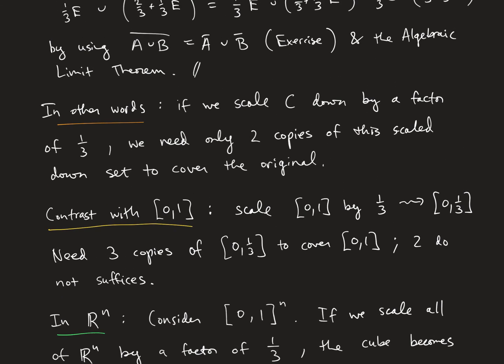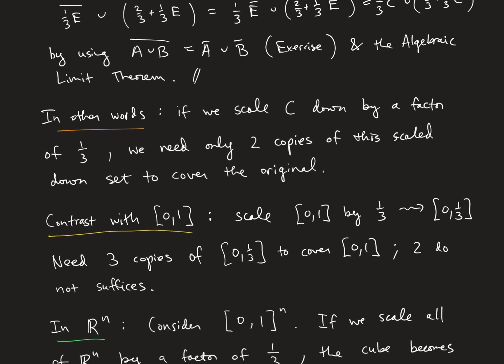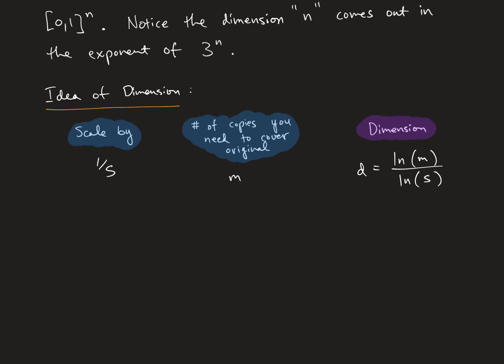And let's see what that translates to for the Cantor set. So for the Cantor set, when we scale, we scale by a factor of 1/3. So the number of copies we need is equal to 2.